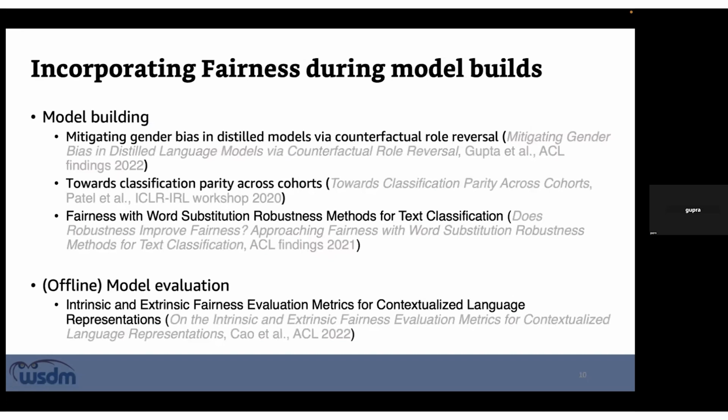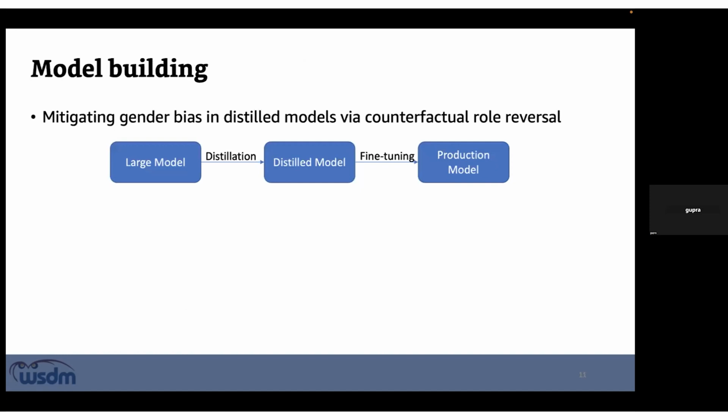So we have published a bunch of papers at ACL. These are typical NLP conferences. Let me start with the first one, where we talk about integrating a debiasing algorithm during the model build.